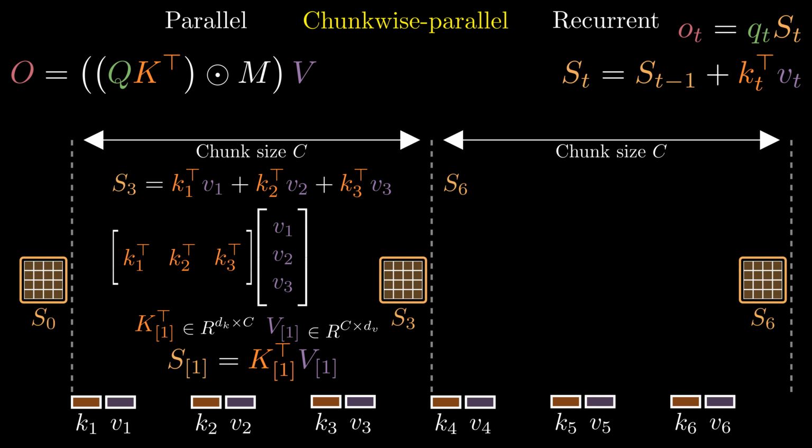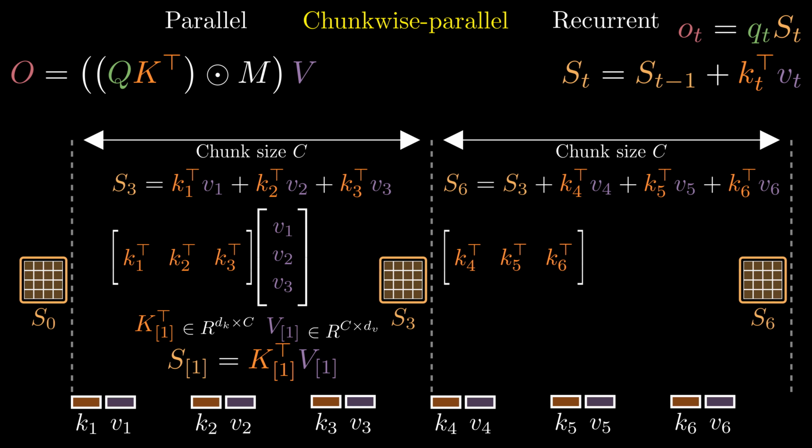Now let's move on to the next chunk. Here we want to compute the state matrix at the end of the second chunk. From the state recurrence equation, we know that the state matrix S6 is the sum of the state matrix S3 and the key value outer products for tokens within the second chunk.